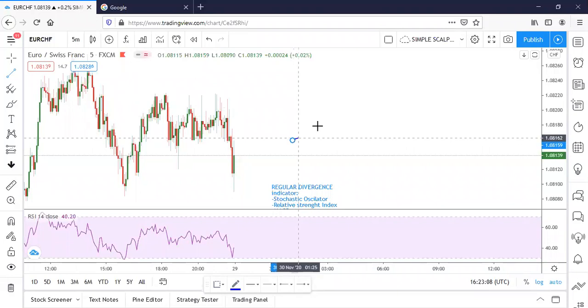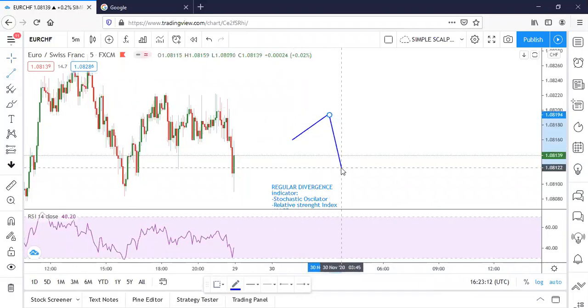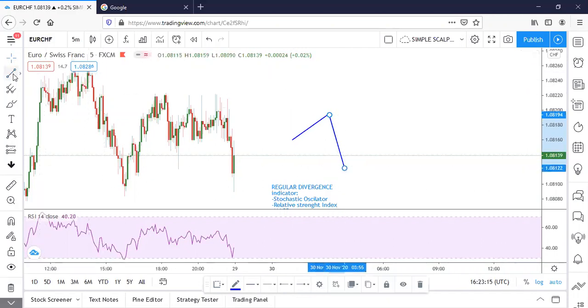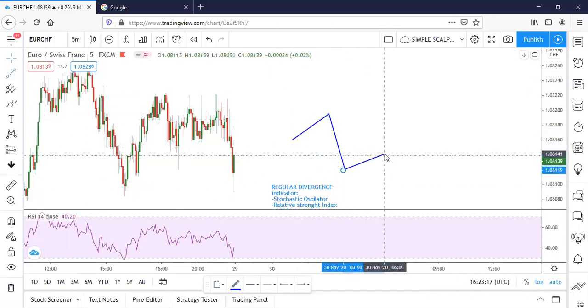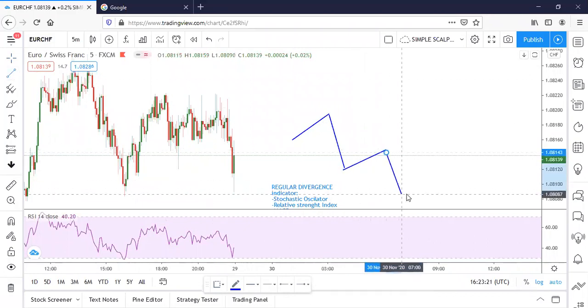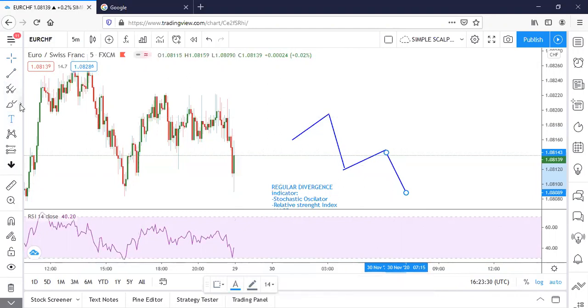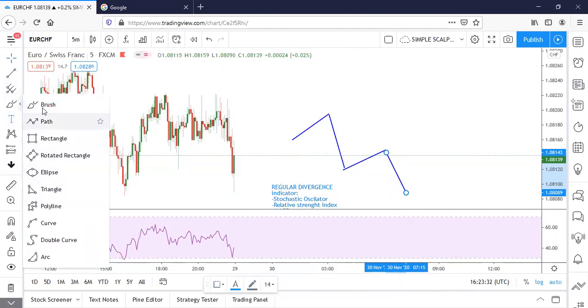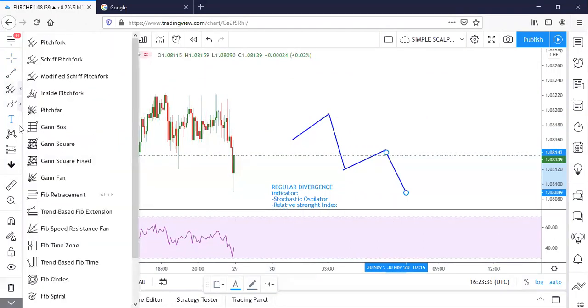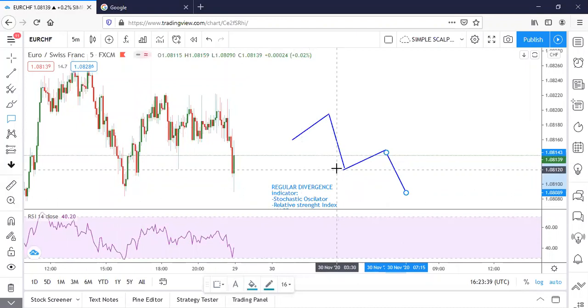You want to see price movement in this way, giving you a lower low. Something like this. I hope you guys can see my screen very well. This is a low.